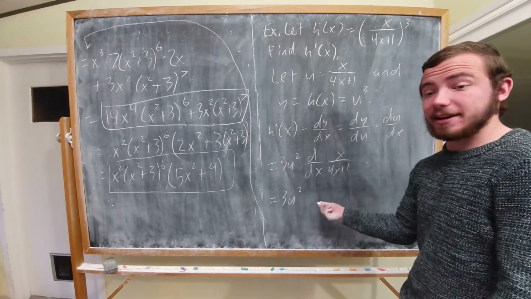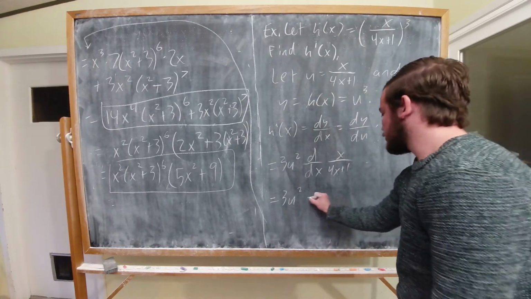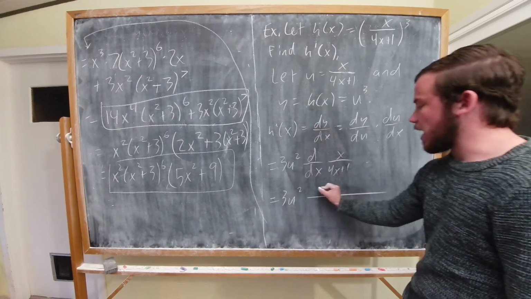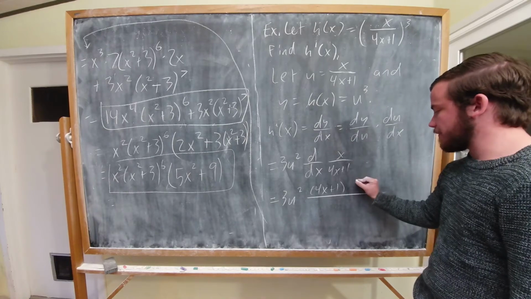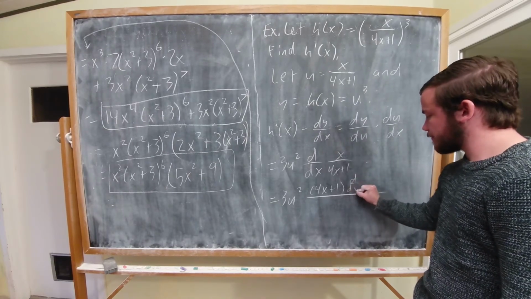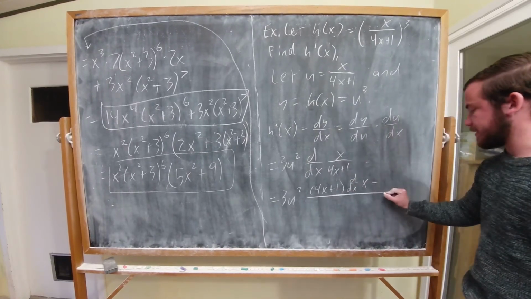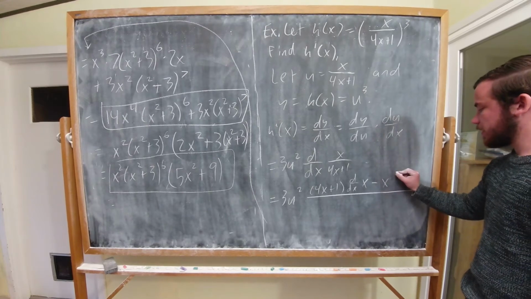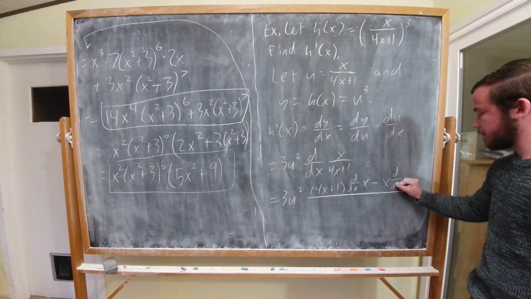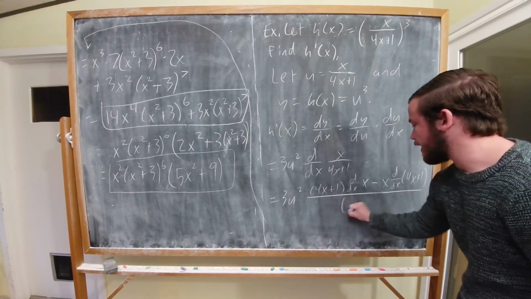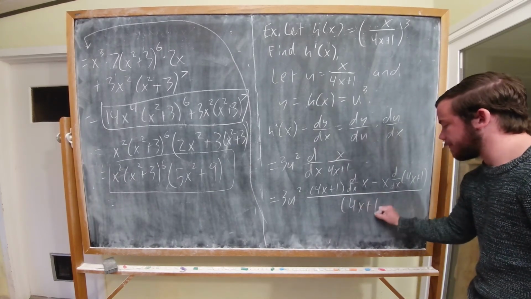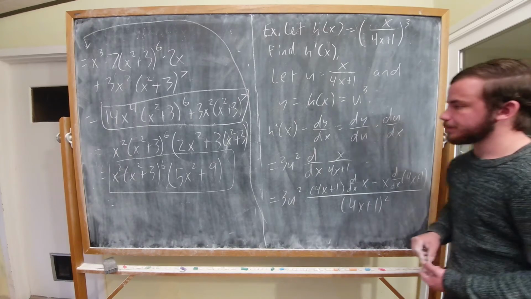And then I'll plug it back in at the end. So 3u squared times bottom times the derivative of the top minus the top times the derivative of the bottom, all divided by the bottom squared.